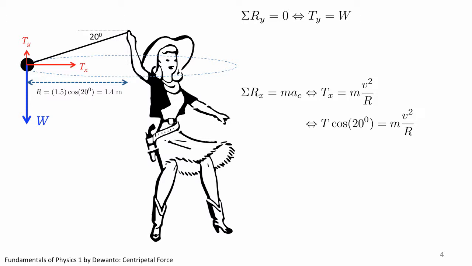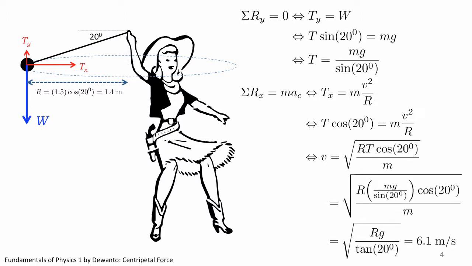To compute the speed is thus a matter of algebra. Notice how I'm making use of the result from the vertical component, namely the equation for the vertical component of tension force, to substitute for T in the equation for the horizontal component. Interestingly, it turns out that the answer does not depend on the mass of the bob at all.